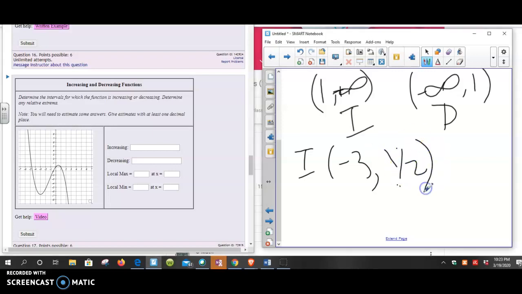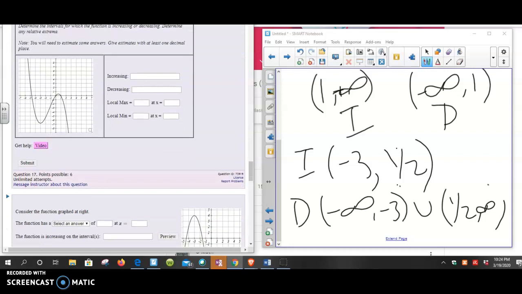I don't think we're expecting this to be perfectly exact. And the decreasing is going to have 2 intervals, from negative infinity to -3, and it's also decreasing from, I guess it's 1/2, if we had to approximate, to positive infinity.